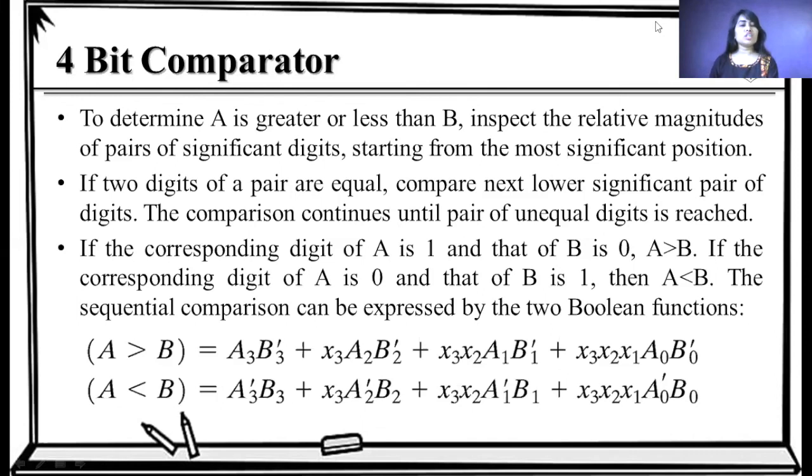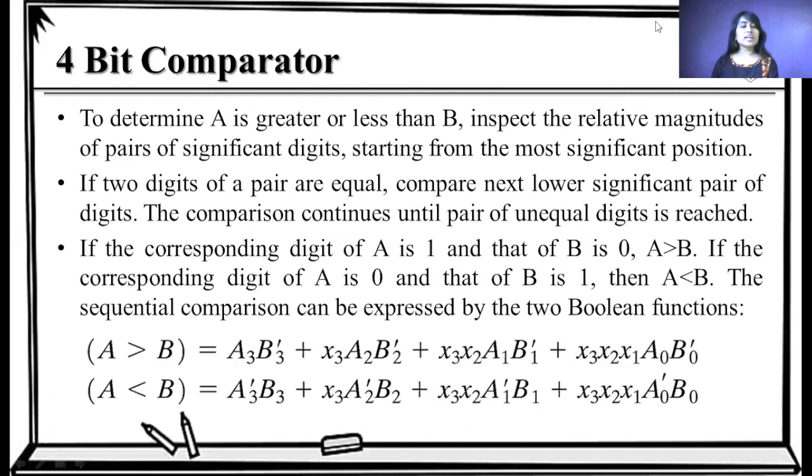Here we have the equation for A greater than B: A3 B3 dash plus x3 A2 B2 dash plus x3 x2 A1 B1 dash plus x3 x2 x1 A0 B0 dash. Then for A less than B, we have A3 dash B3 plus x3 A2 dash B2 plus x3 x2 A1 dash B1 plus x3 x2 x1 A0 dash B0.